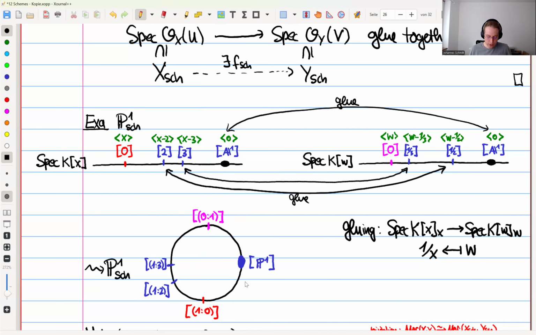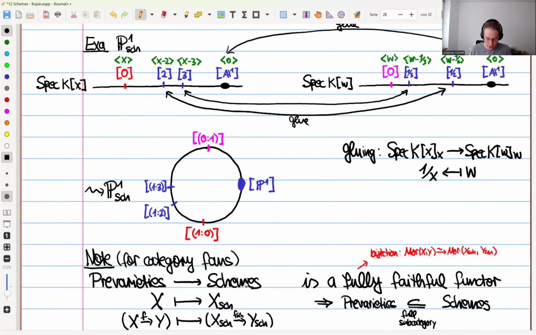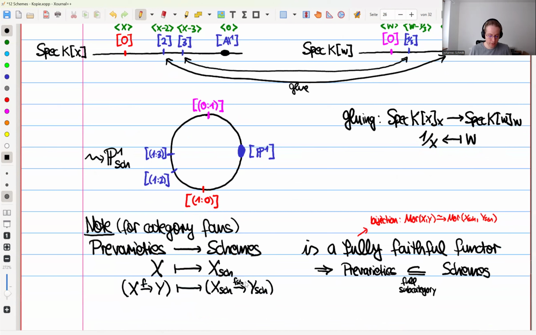Okay, so this was at least a small example of this thing. And to conclude, let me also say for category fans, that what we described above, this recipe, which takes X and produces this X scheme, and which takes this morphism here and produces this morphism between the schemes, is exactly a functor from the category of prevarieties, let's say prevarieties over K, to the category of schemes.